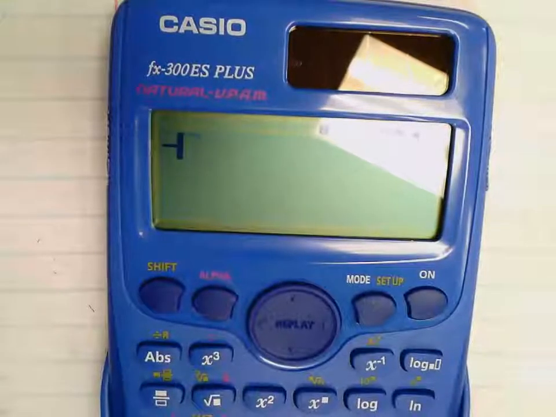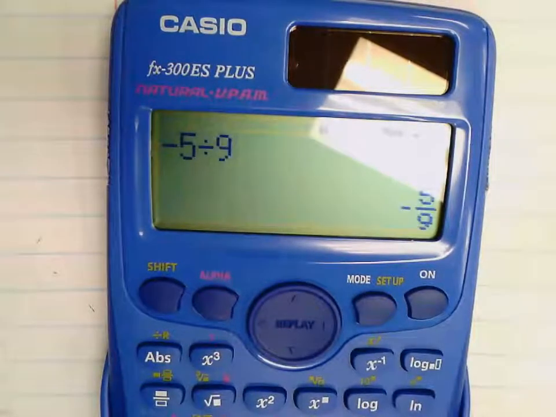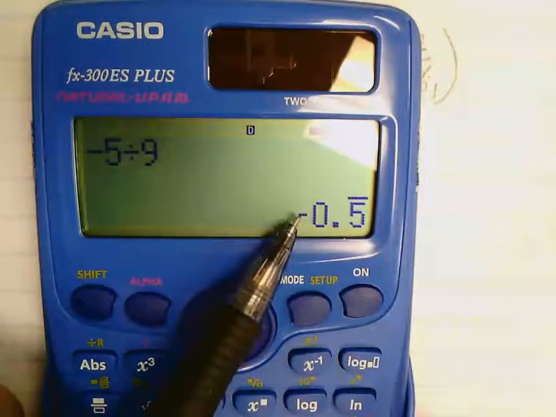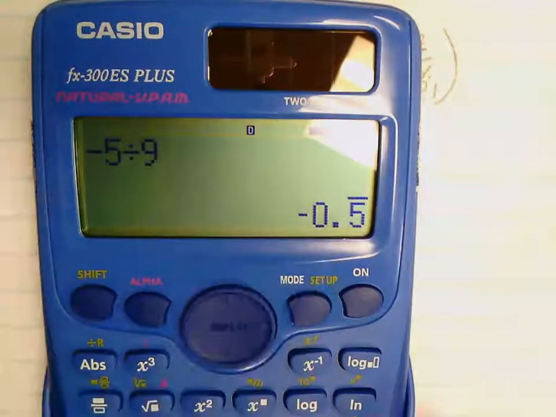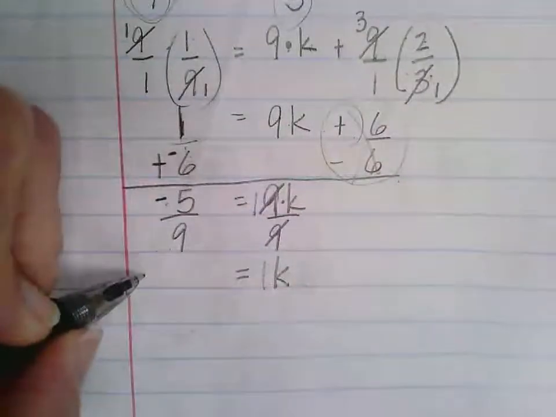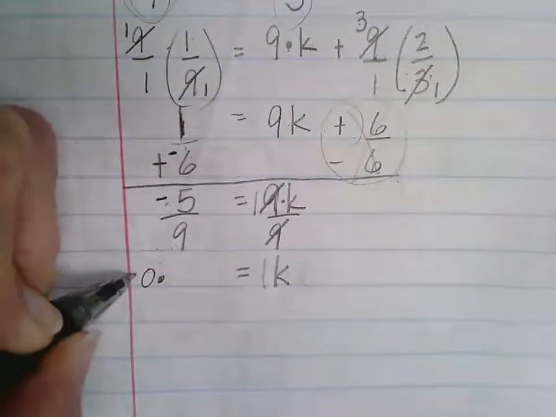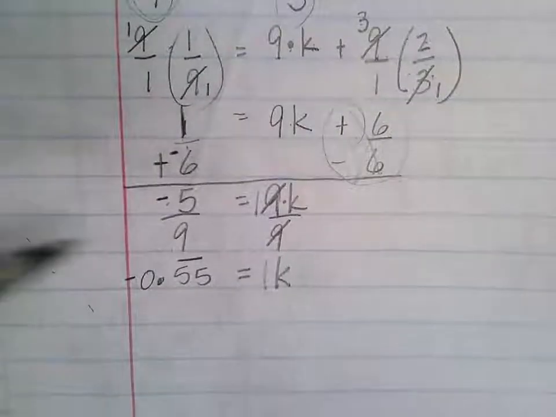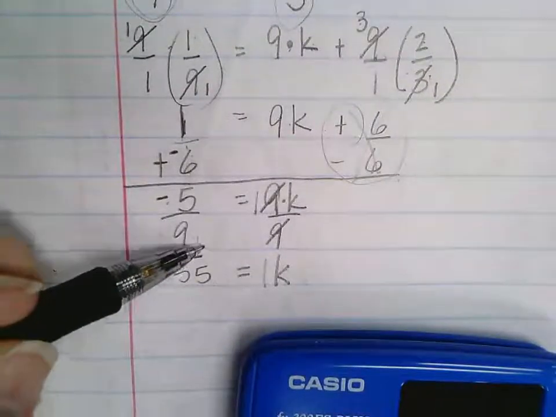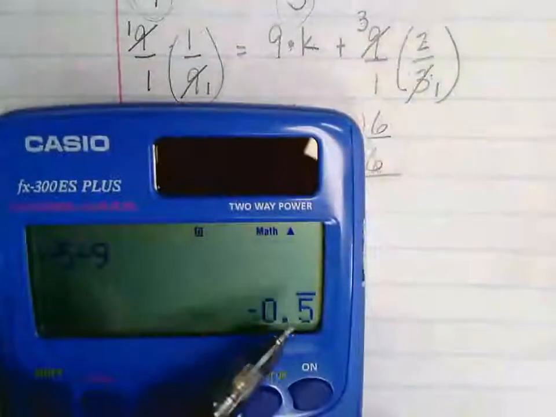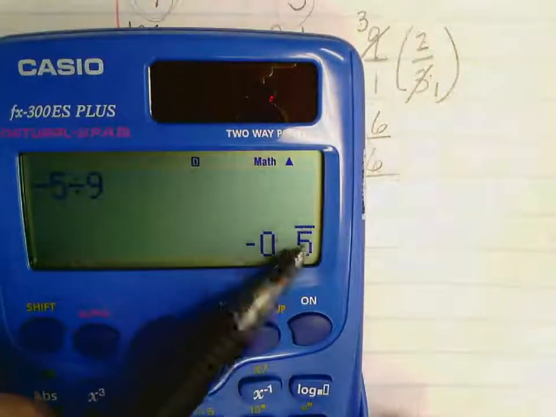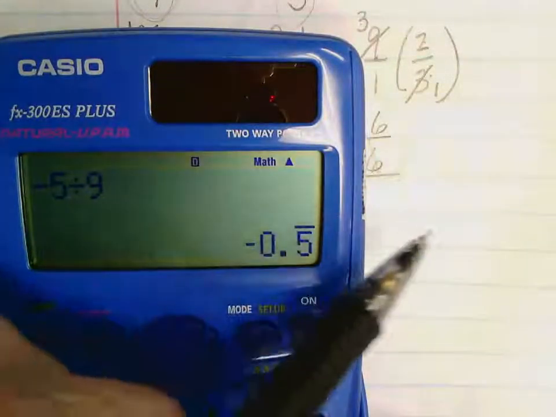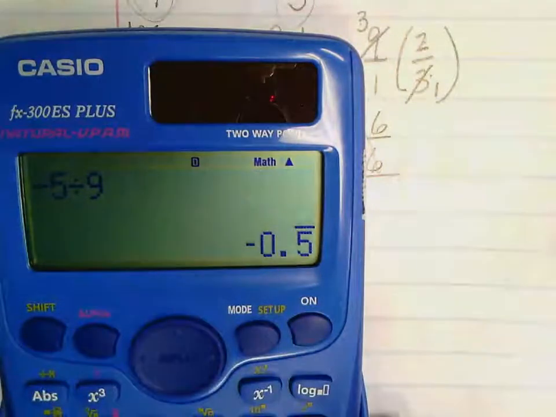So it looks like on our instructions, they want us to represent these as decimals. So that is a negative 0, and I'm going to say 55/100ths repeating, because they asked us to round to this place. And this simply means, this bar over this 5 means I have 5s going on forever.